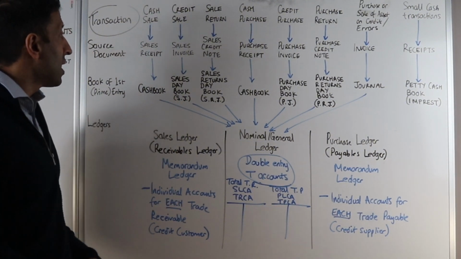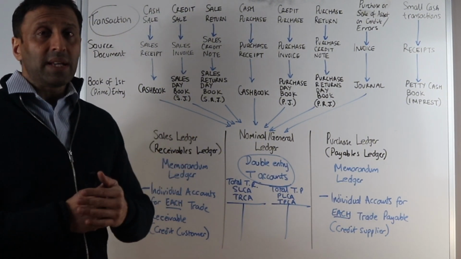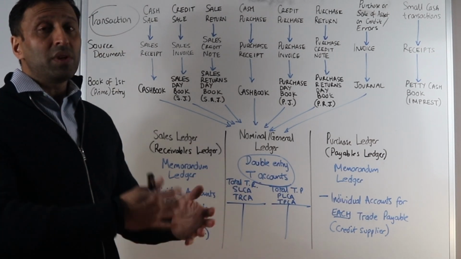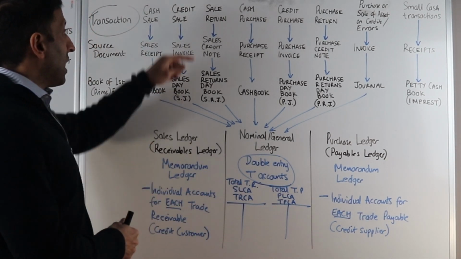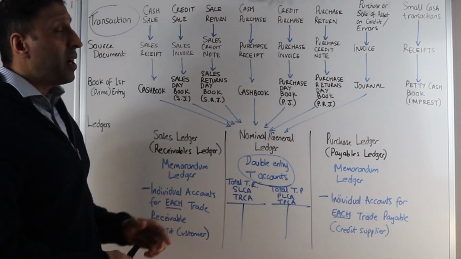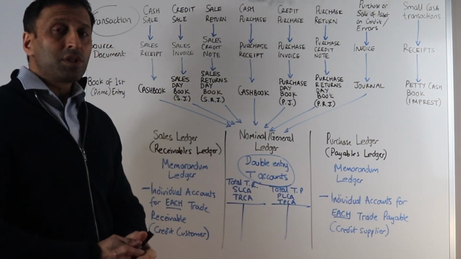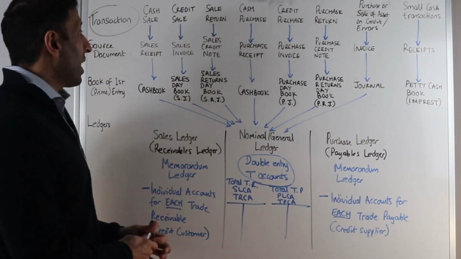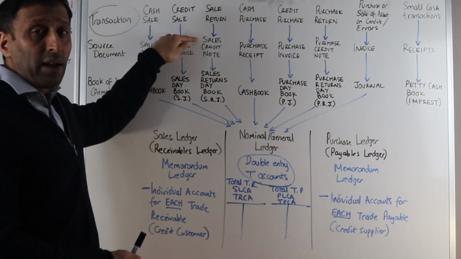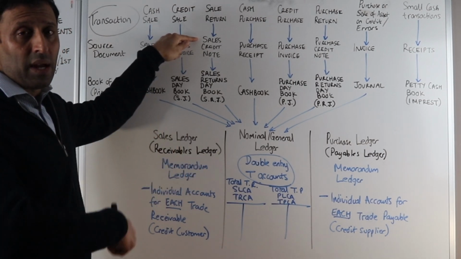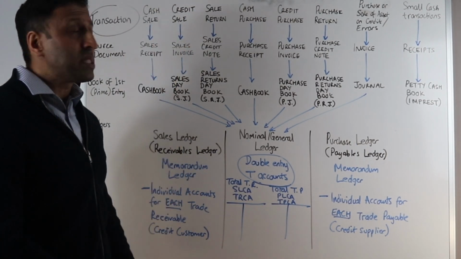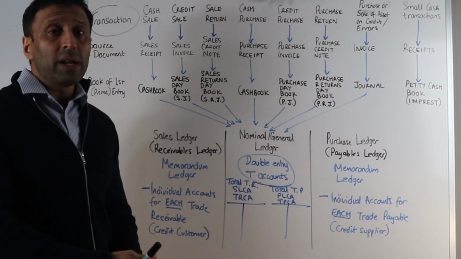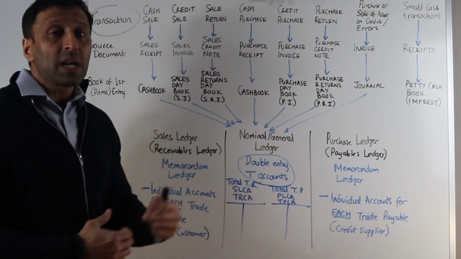Now, if we have a sale that we've made and the customer returns those goods, then that's called a sales return. The document that we then give to the customer who's returning goods is related to a sale, so we call it a sales document, but this time it's a credit note and not an invoice. So we give the customer a credit note to denote the fact that they're returning goods.